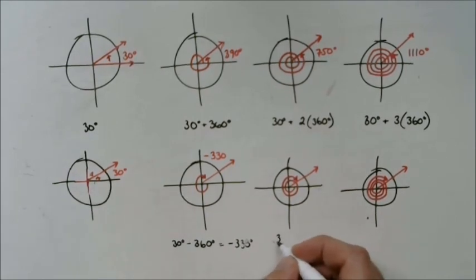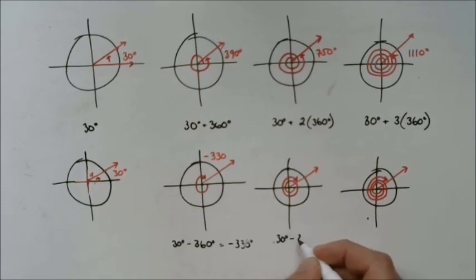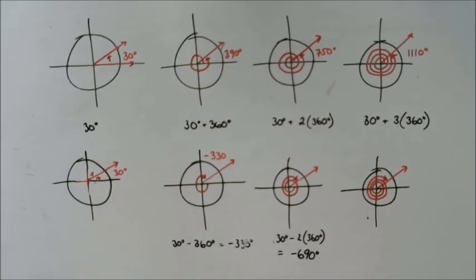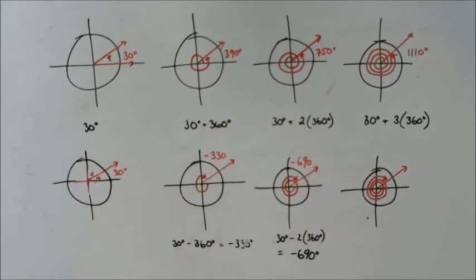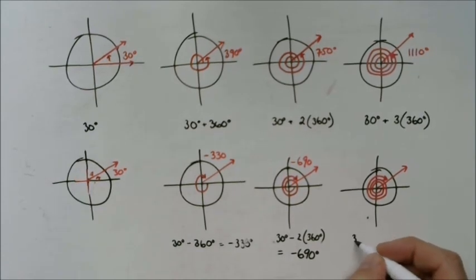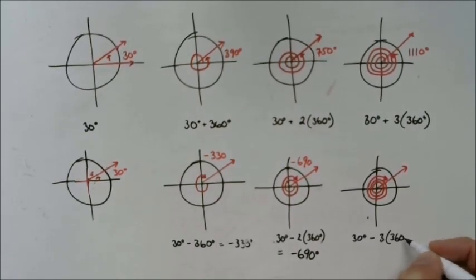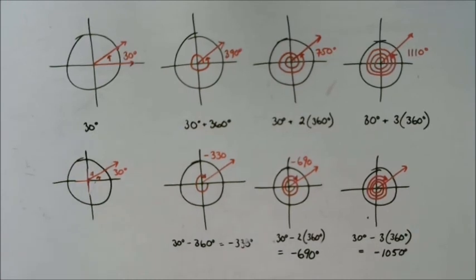This one is going to be 30 degrees minus 2 times 360 degrees. You can check that in your calculator. You should end up with negative 690 degrees. And this guy, we started at 30 degrees, and then we took away 3 rotations of 360 degrees. Check that in your calculator, you should end up with negative 1050 degrees.